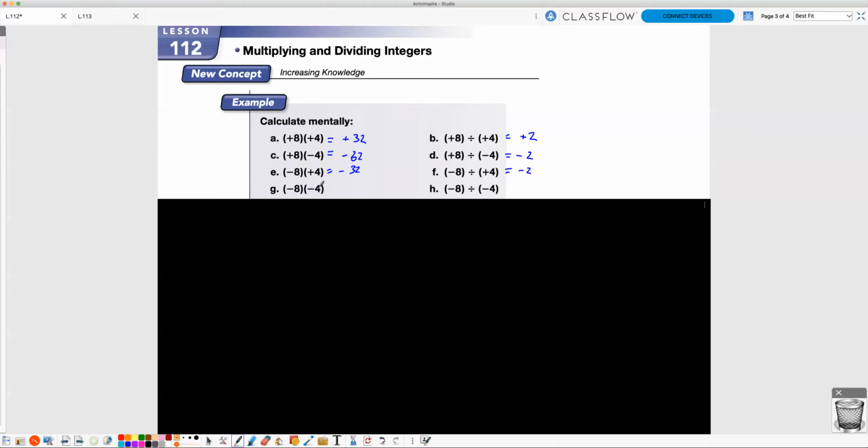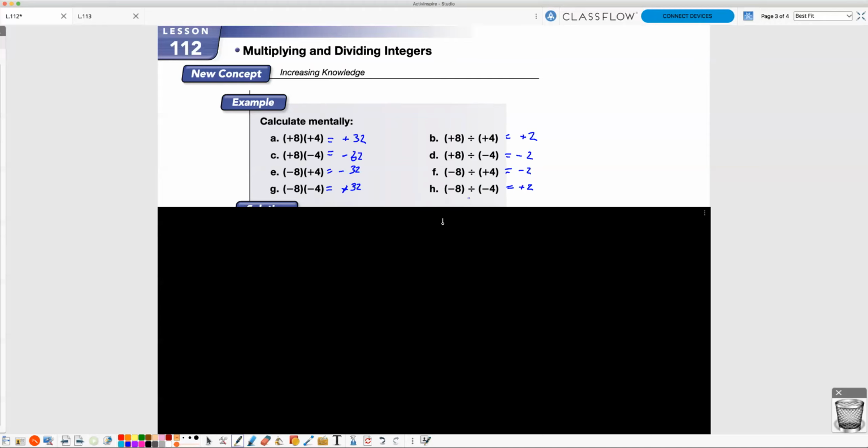Negative 8 times a negative 4. Again, you know the number will be 32, but because both have the same symbol, it'll be a positive 32 for the answer. Same goes for division. You know 8 divided by 4 is 2, but it's a positive 2 because both are negative.